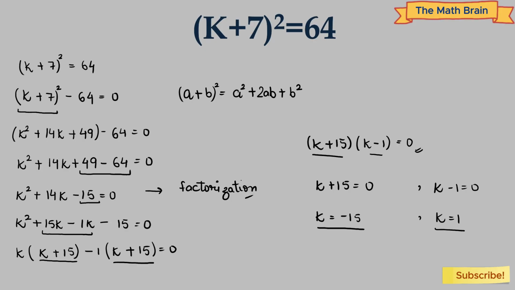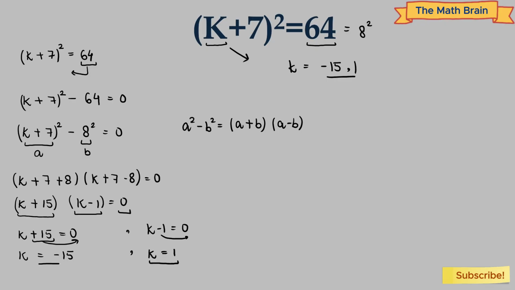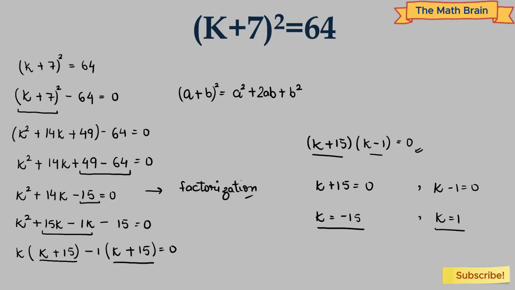This is the second value for k. I hope you got both the methods. So here we have used this formula, a² − b², and here we have used the (a + b)² formula.